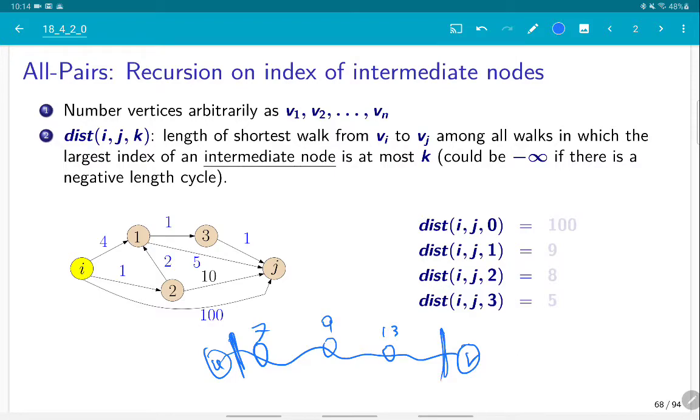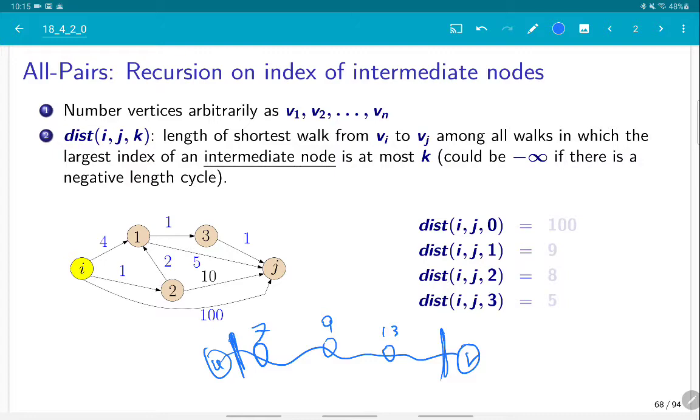The first vertex and the last vertex might have quite large indices. I don't care. I care only about the indices in the middle, and I care about the largest index. This is going to be the index that determines this path, intuitively.